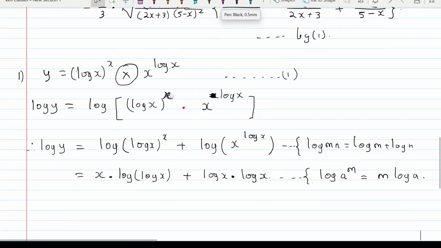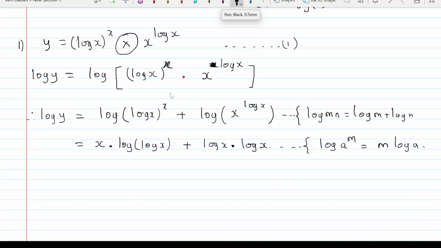So this becomes x raised to log x. So therefore log y is x into log of log x plus log x the whole square.